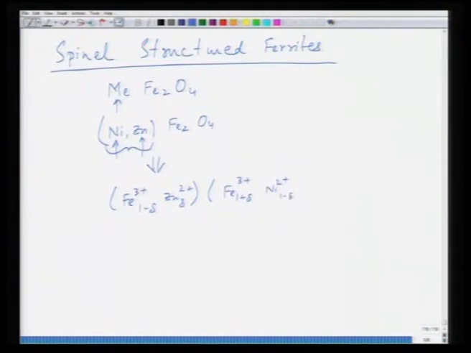The way these ions have distributed themselves is because this is nothing but NiFe2O4 and ZnFe2O4, with 1 minus delta and delta respectively. Now, this happens to be an inverse spinel, and this happens to be a normal spinel.